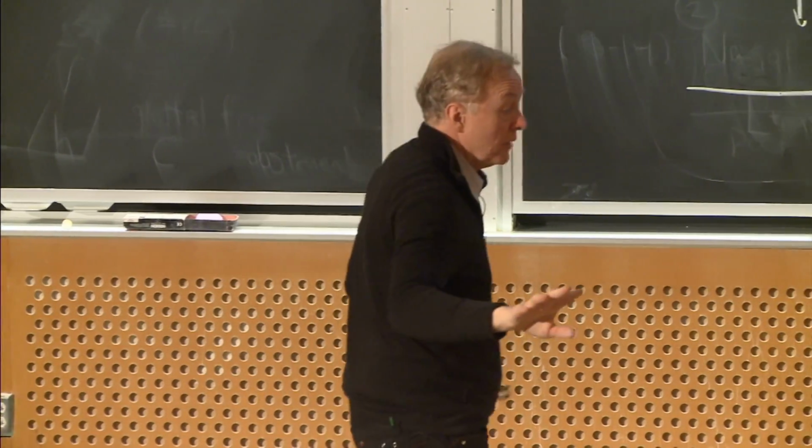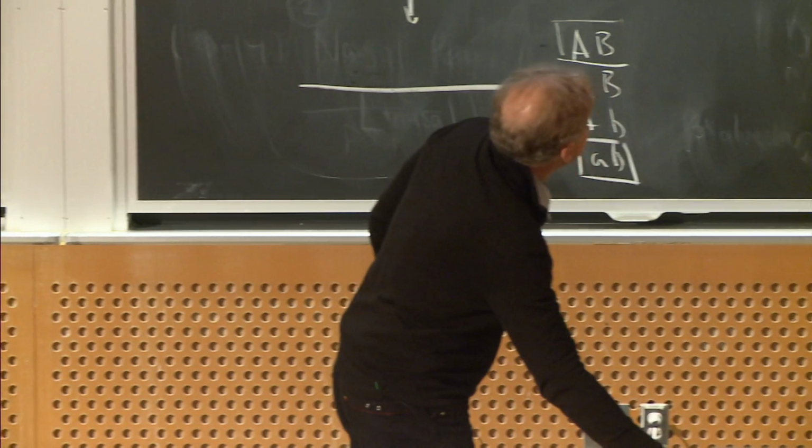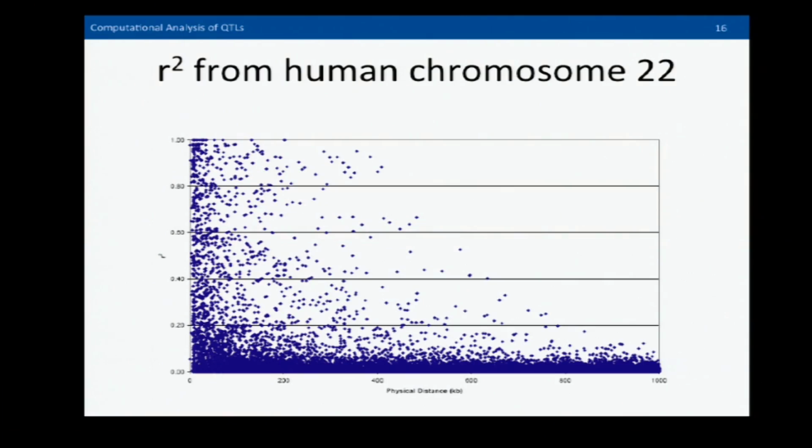Okay. So just to give you an example, if you look at chromosome 22, the physical distance on the bottom is in kilobases, so that's from 0 to 1 megabase on the bottom, and you look at the R² values, you can see things that are quite physically close, as we suggested earlier, have a high R² value, but there are still some things that are pretty far away that have surprisingly high R² values.